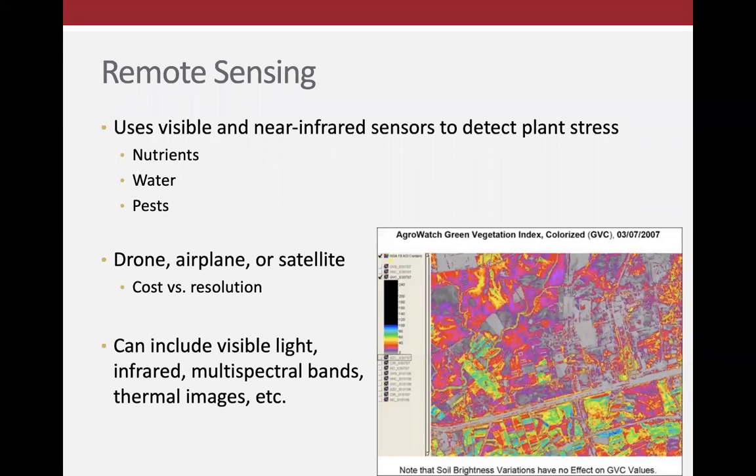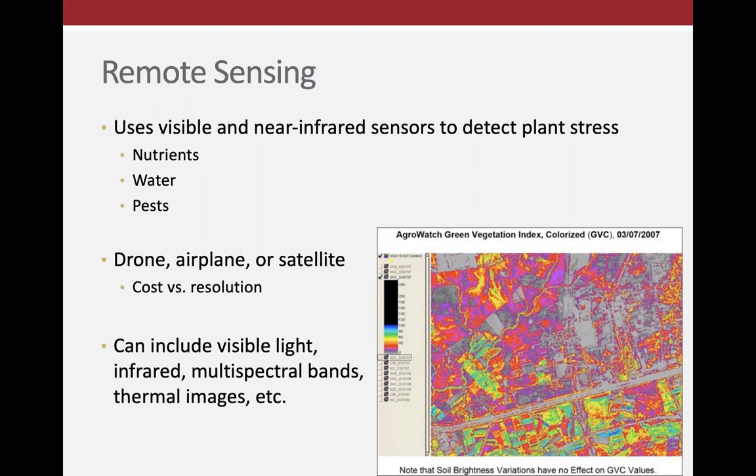So we can think about using remote sensing data that's coming from satellite imagery, an airplane, or even a little drone that might be flown over a field.